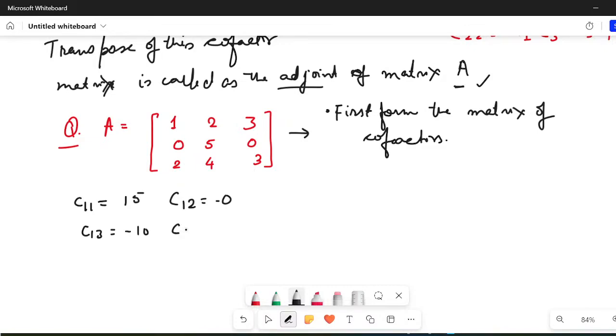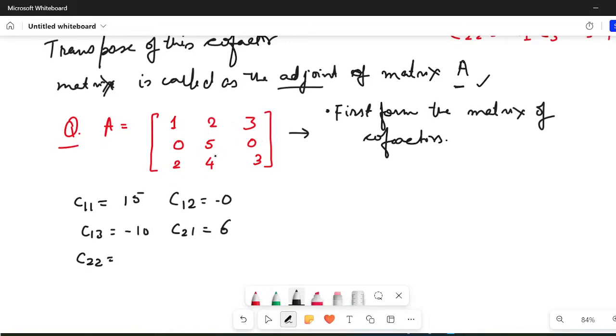What do you think C21 would be? C21 would be minus 6. Because if I have to just think about it, 6 minus 12, okay. What would be C22?